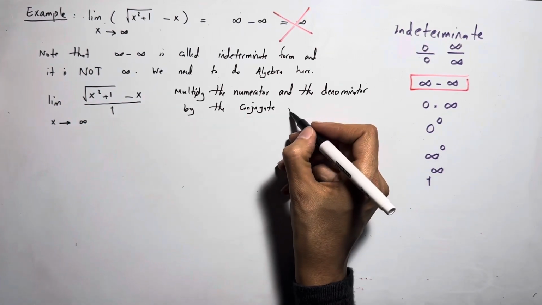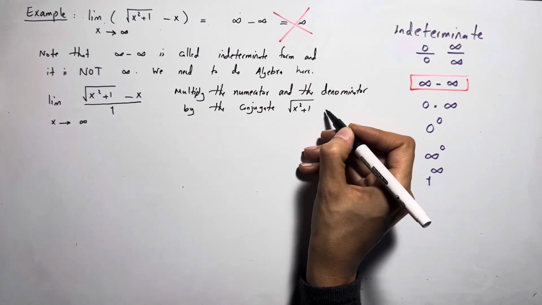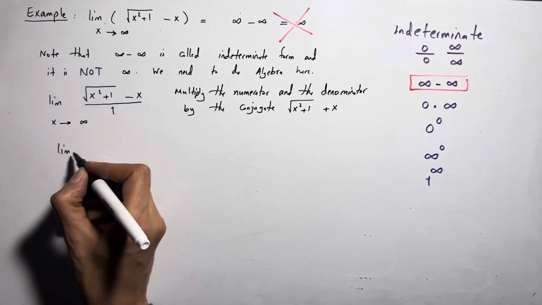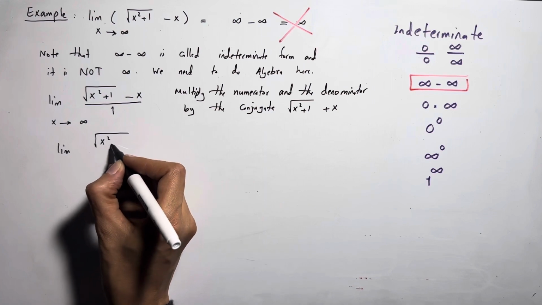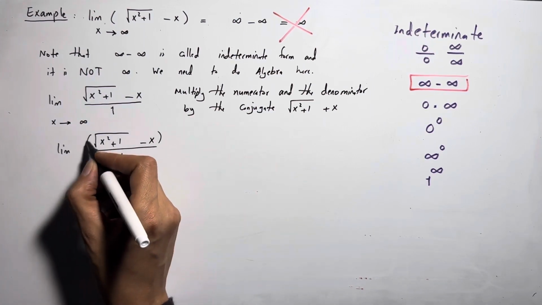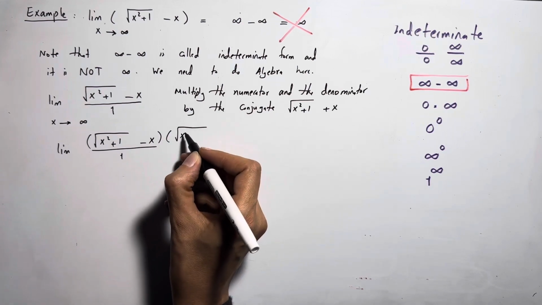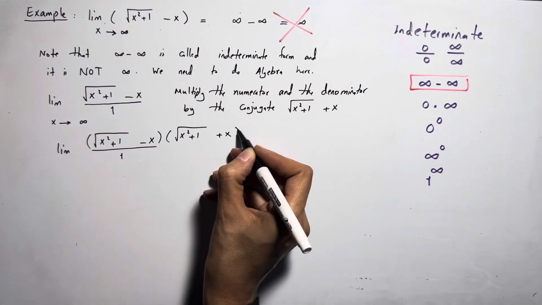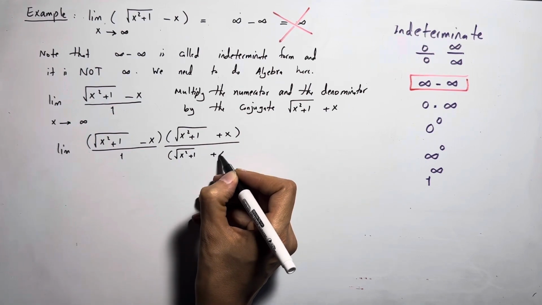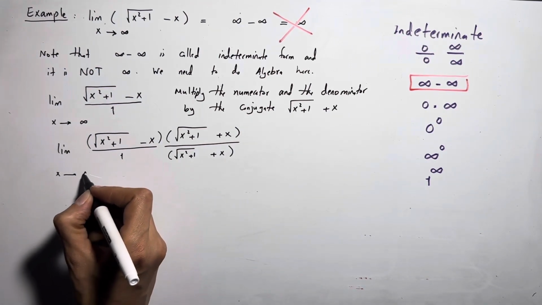The conjugate is going to be square root of x squared plus 1 plus x. So let's see. This is pure algebra here. What are we doing? Minus x divided by 1, the numerator multiplied by square root of x squared plus 1 plus x, divided by square root of x squared plus 1 plus x, and then find the limit.